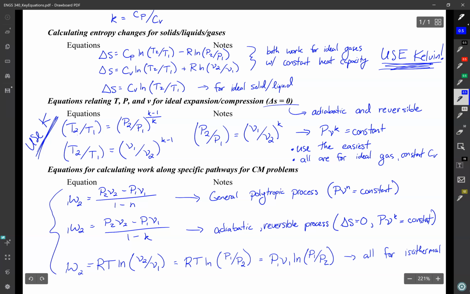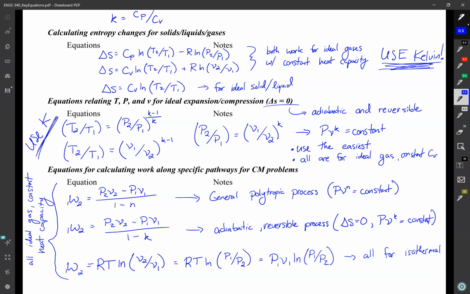And I'll just make a note, all ideal gas, constant heat capacity.